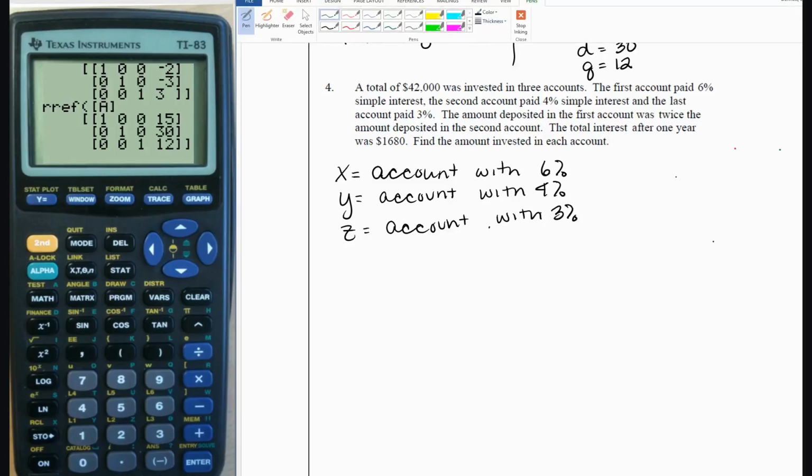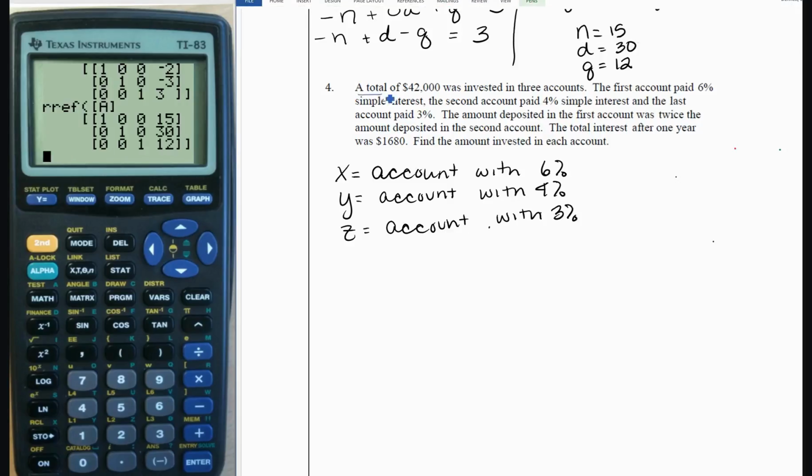Okay, so let's go through each part. It says a total of $42,000 was invested in 3 accounts. So our total is $42,000. So we're going to let X plus Y plus Z be $42,000.